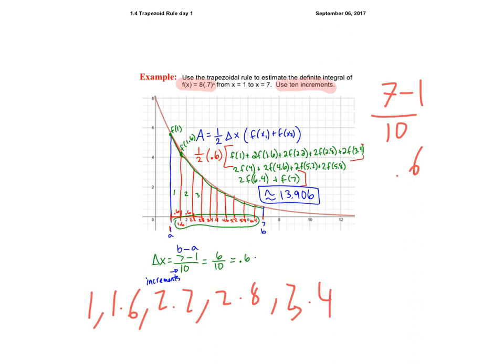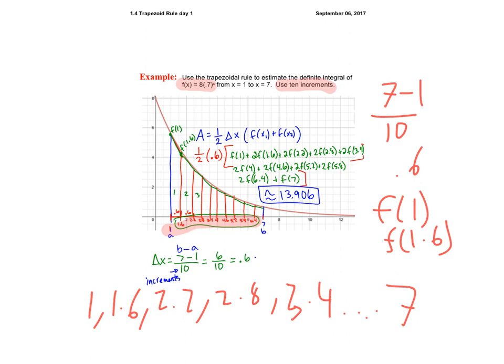So you find all of your x's, which are right here. You find all of these x's until you get to 7. The last one should be 7, and then you find all your y's. So you go f of 1, and then f of 1.6, and then so on.